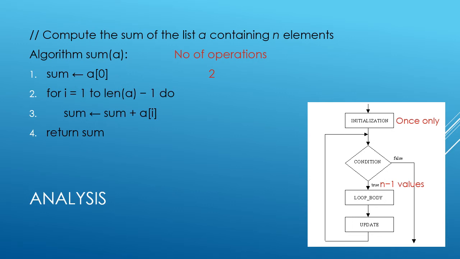Each time that you find that the value is true, you move into the body of the loop. In our case, the body of the loop is line number 3. When you move out of the body of the loop, you update the counter variable. Usually you increment it, but if you have a step value, then you add the step value to the counter variable.